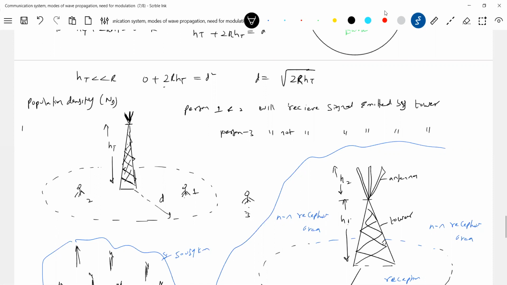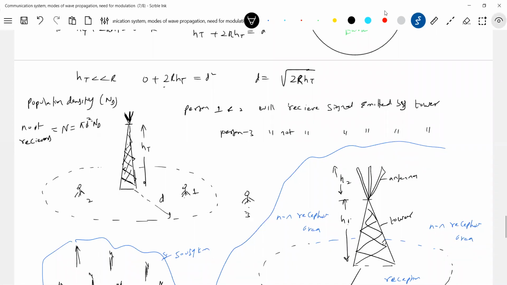The number of receivers, N, should be equal to pi d square into n_D. The number of mobiles per unit area is called population density. So the number of receivers is equal to area into population density, which gives the number of users.